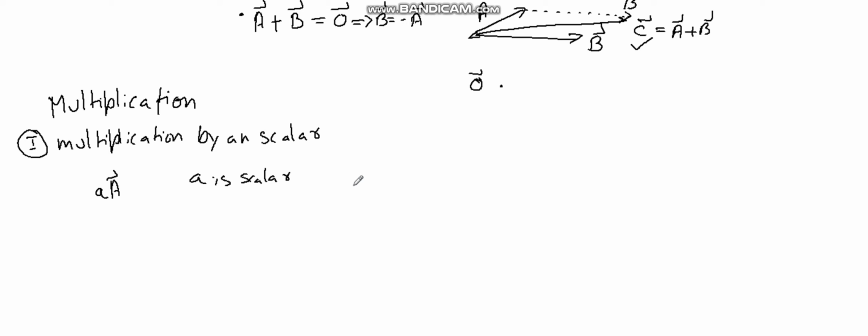Actually the a will only change the magnitude of the vector, and the magnitude of the vector is geometrically represented by the length of the arrow. So if we are multiplying it with a, a times this vector will either be a smaller vector or maybe a larger vector, depending upon the value of a.